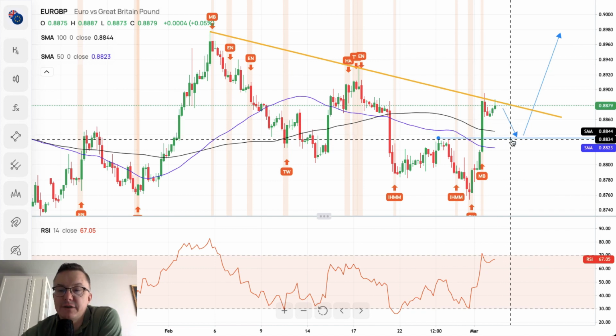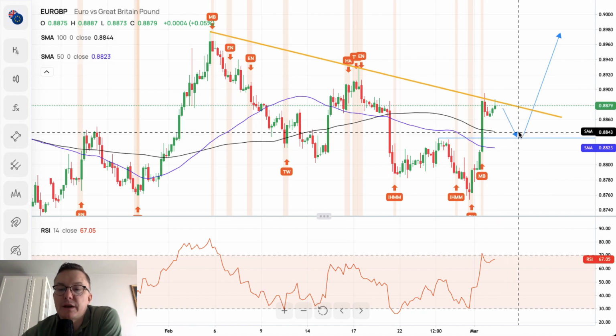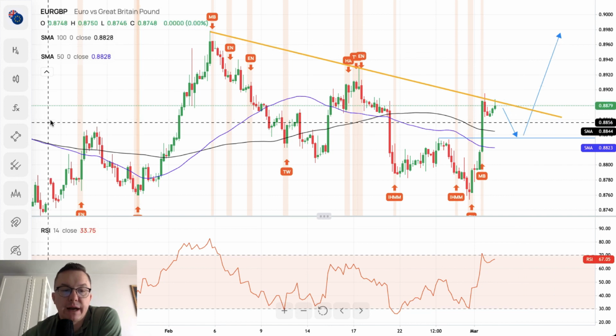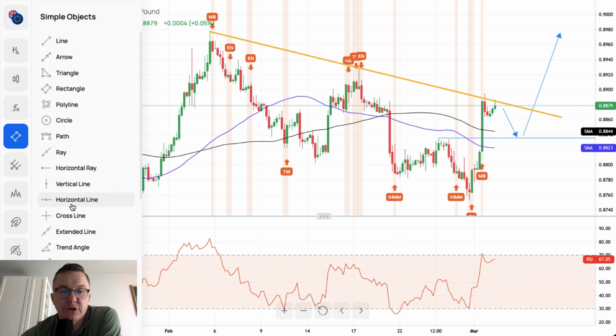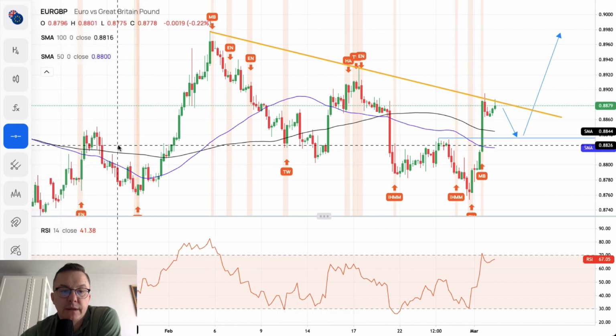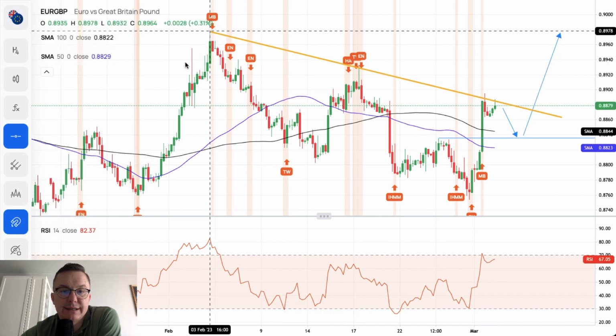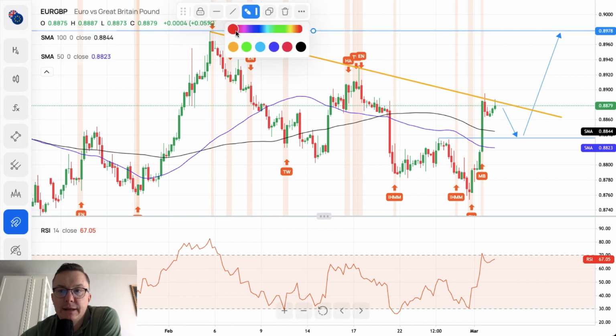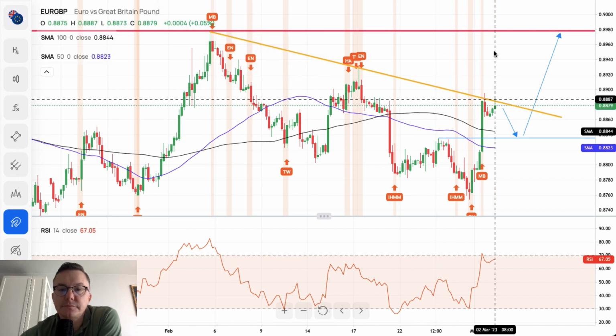So if this level holds against the bearish pressure, there is still a chance for the bulls to rally way higher. The ultimate target in the short term for now is located, of course, at this high. This is the 3rd of February high, 8,978. So this is the potential target for the bulls.